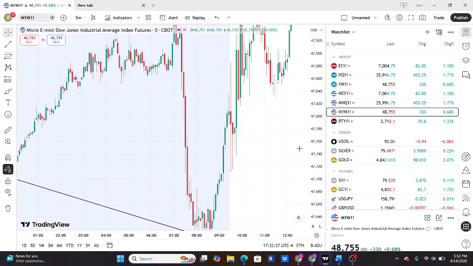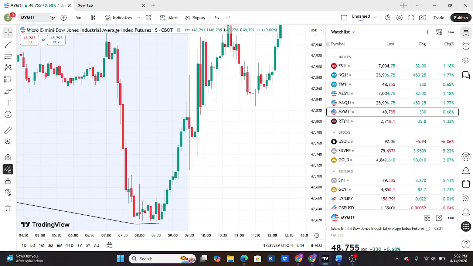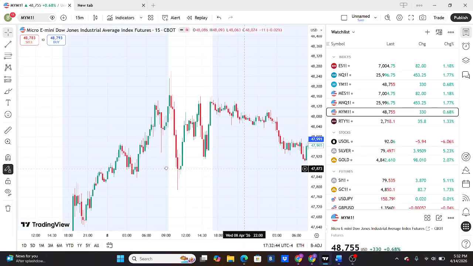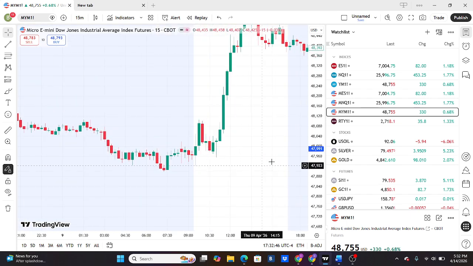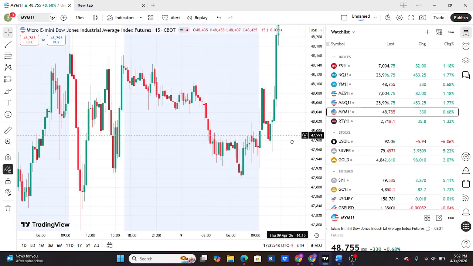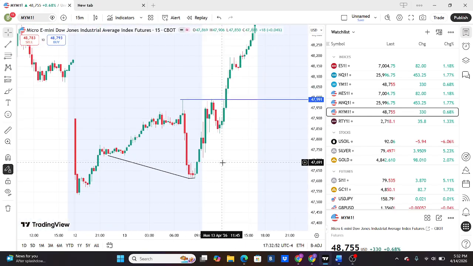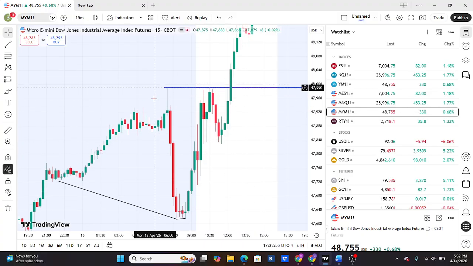But anyways, I missed that move, and I thought I was out on this move, so I was just waiting for a continuation entry after NQ tapped that high. I was waiting for a model that would allow me to get in. This is very relevant liquidity.